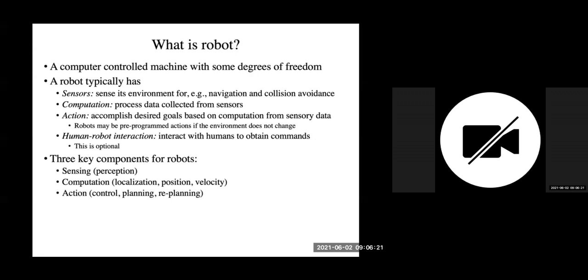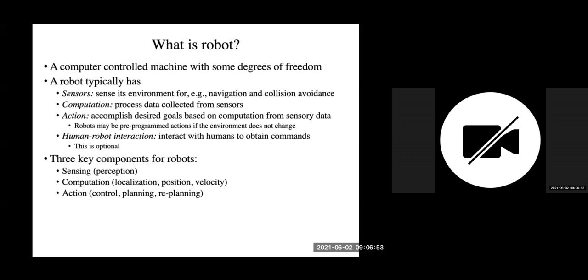For example, you get image data from the cameras, and you have to process it to tell what the environment looks like and what you have to do later, which is the action part. The action is to accomplish desired goals based on computation from sensory data. So the goal is that you actually want to do something, right? Either you move the robot from one place to another, or in manufacturing, you move the robotic arm from one position to another.